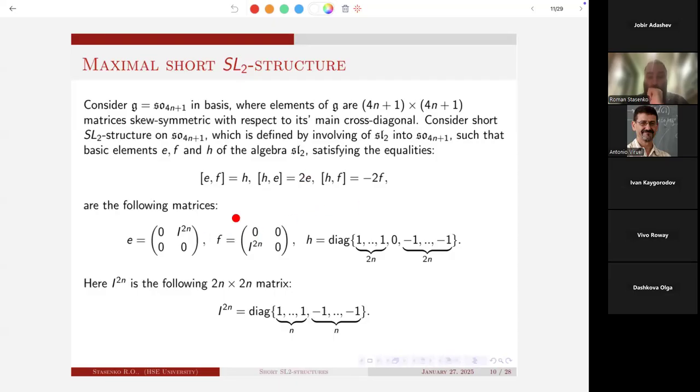If we take this SL2 structure on the algebra SL for 1 plus 1, this SL2 structure we will call the maximal short SL2 structure.